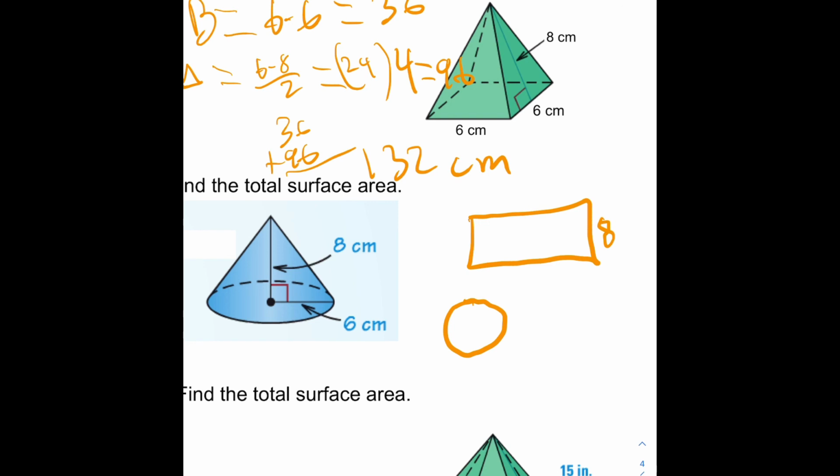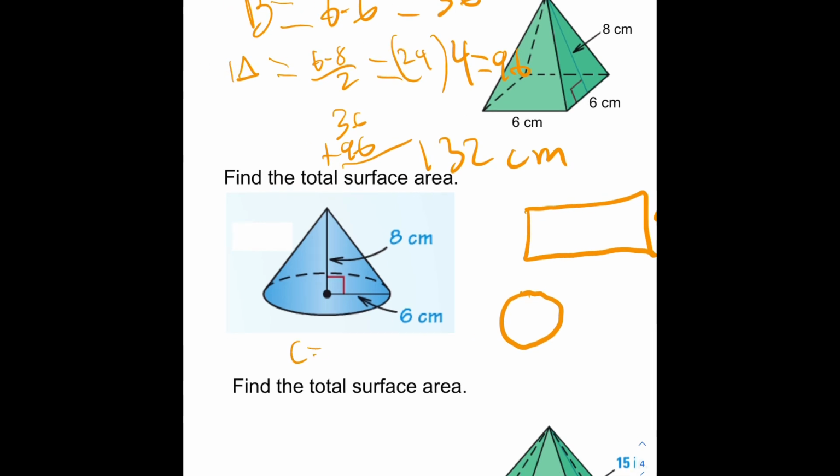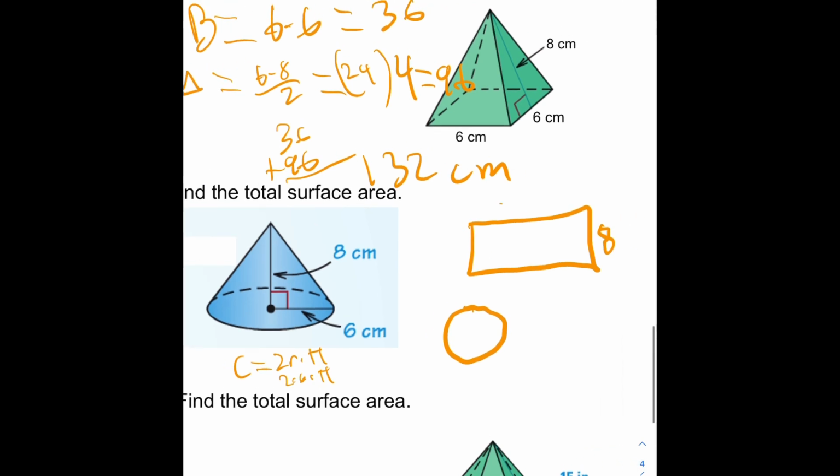And then to find the top part, I need to find the circumference. So again, circumference equals 2 times radius times pi, 2 times 6 times pi. So 12 times 3.14 gives me 37.68.